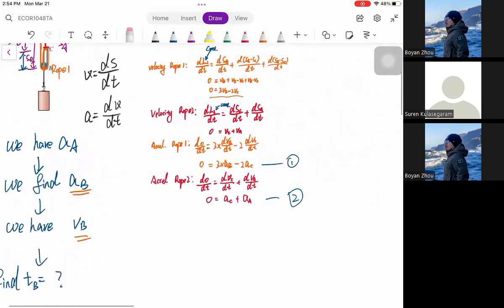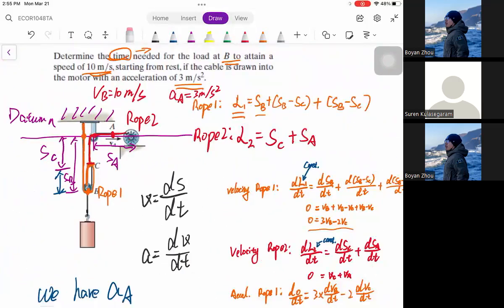Yeah, so we're just finding the velocity, finding the acceleration at point B now.